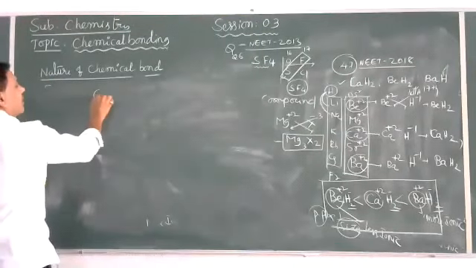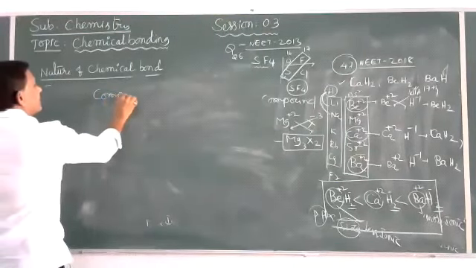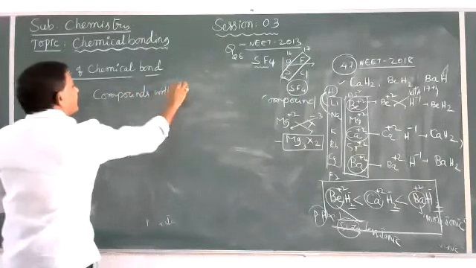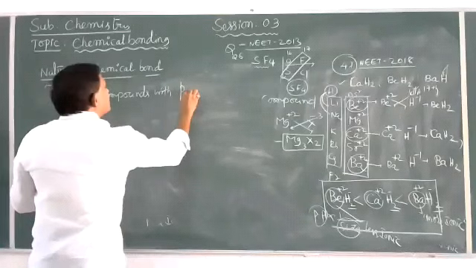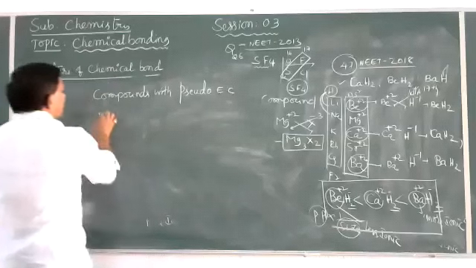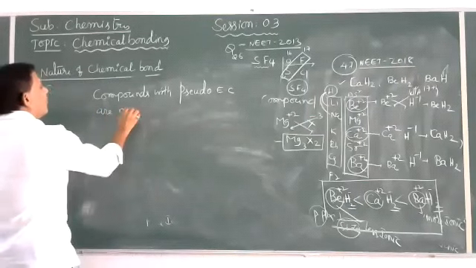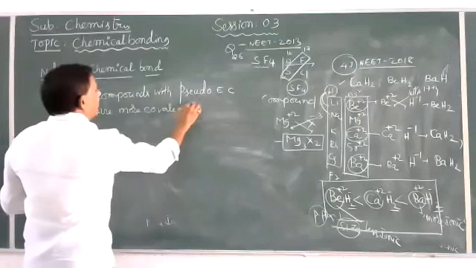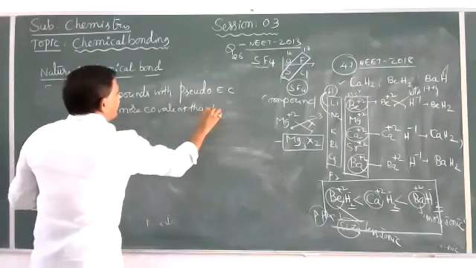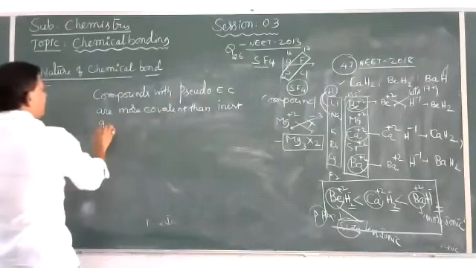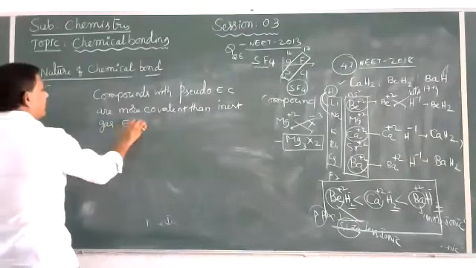Generally, compounds with the pseudo-inert gas electronic configuration are more covalent than inert gas electronic configuration.